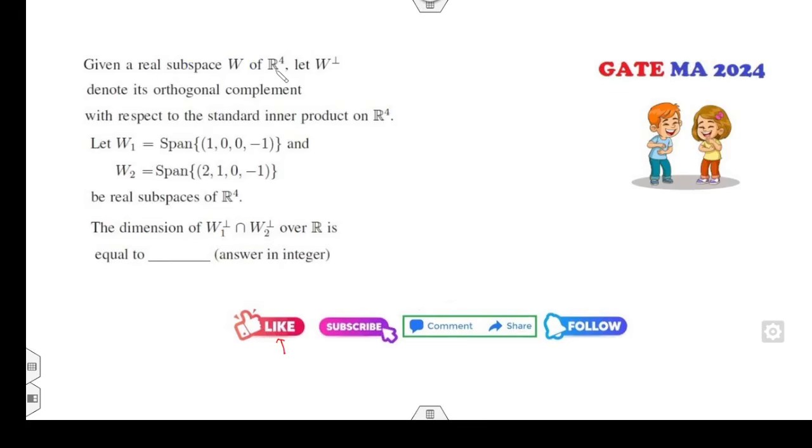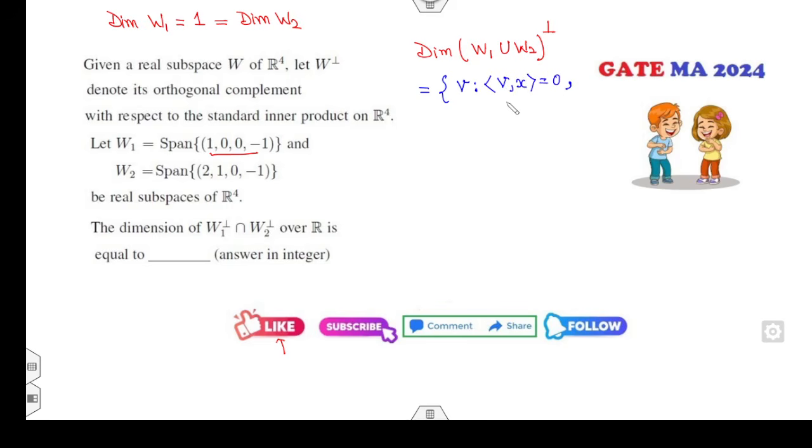Given the real subspace of R4 and its orthogonal complement, can you find the dimension of W1? There is only one element, dimension is 1, which is the same as the dimension of W2. Fine, so what did they tell you? The dimension of the orthogonal complement I write again in the same way: the collection of all those elements such that v, x is 0 and v, y is 0.